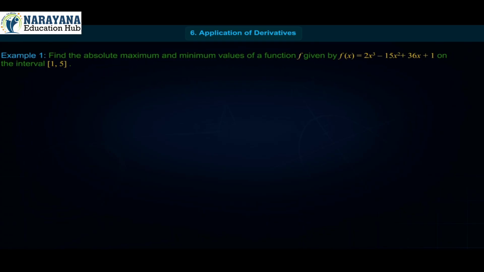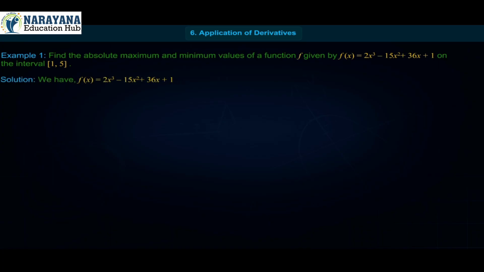Example 1. Find the absolute maximum and minimum values of a function f given by f of x is equal to 2x cube minus 15x square plus 36x plus 1 on the closed interval 1, 5. Solution.